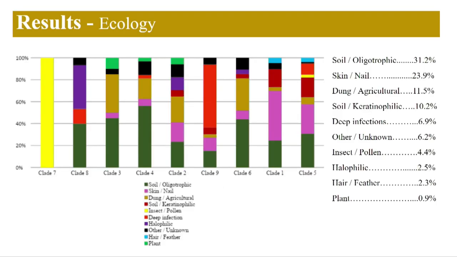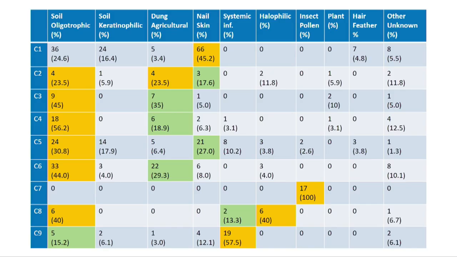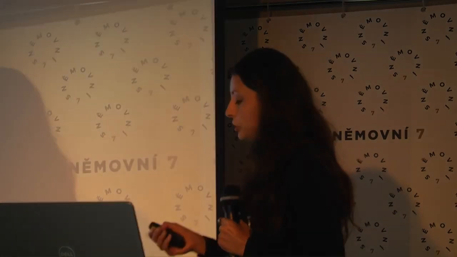And based on that, we saw the strains are mostly of oligotrophic characteristics, and they were isolated from soil, followed by skin and nail. And when we look at this graphic, it was kind of obvious that we can say some clades have a certain tendency for ecology, but not all of them. It's a bit difficult to estimate the main ecology for clades 2, 3, and 4.